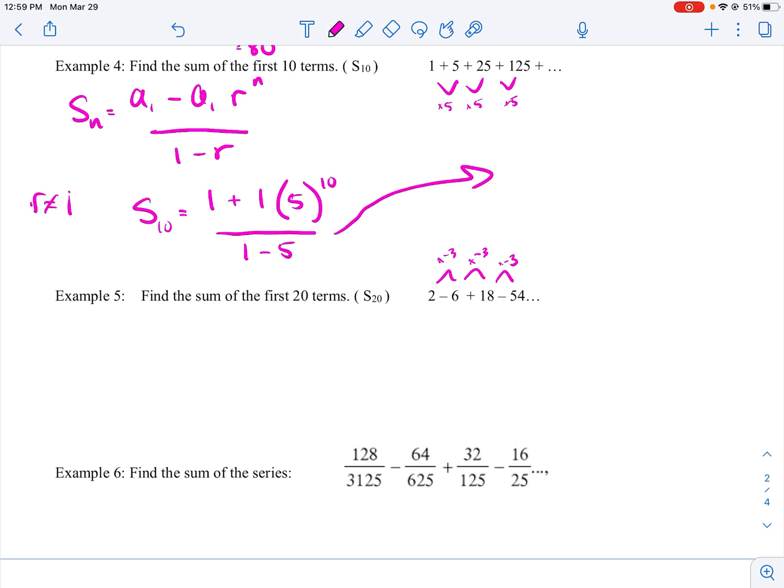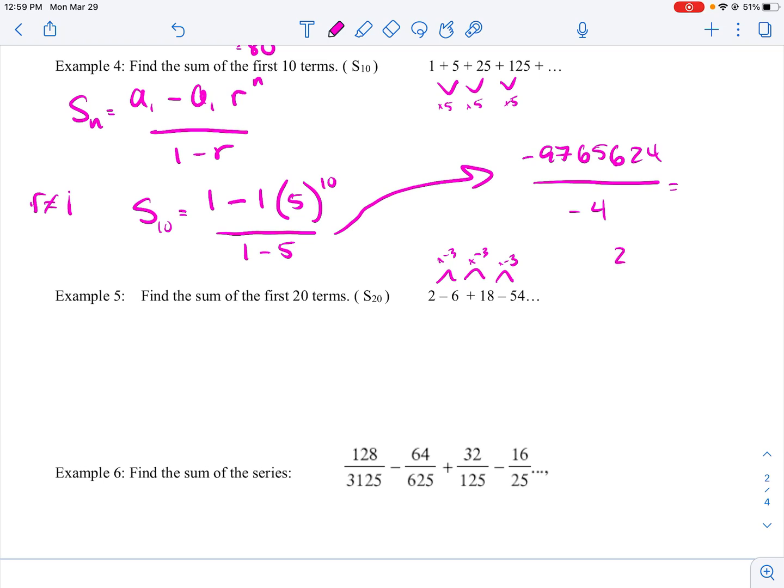And when you solve that out, 1 minus 5 raised to the 10th power, so negative 9,765,624, all divided by a -4.